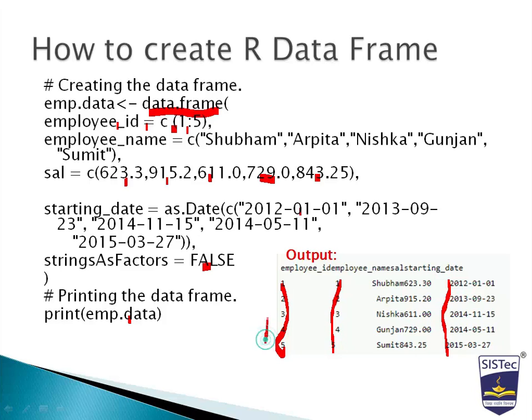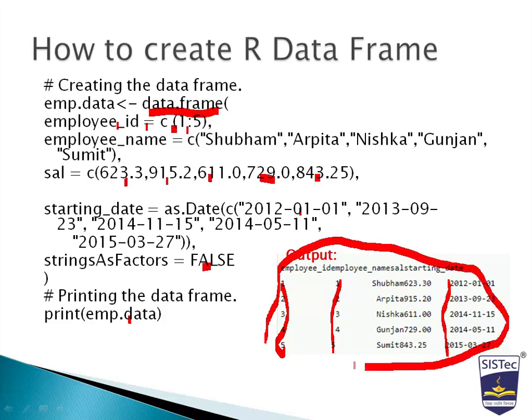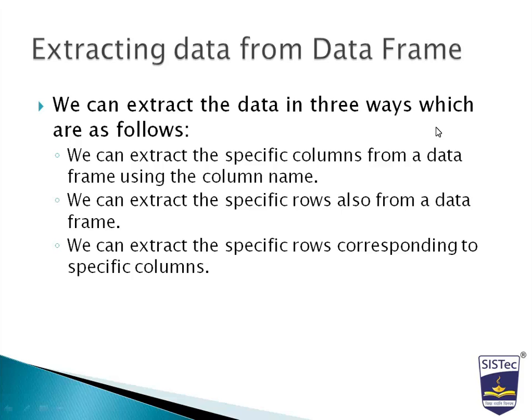So this type of representation is provided by data frames, which is much more useful when we do analysis of data. Now, extracting data from data frames: we can extract data from data frames in three ways, or we can say we have three methods.